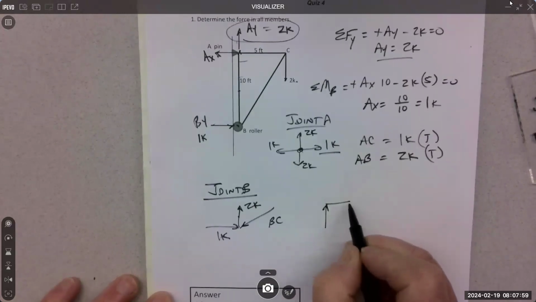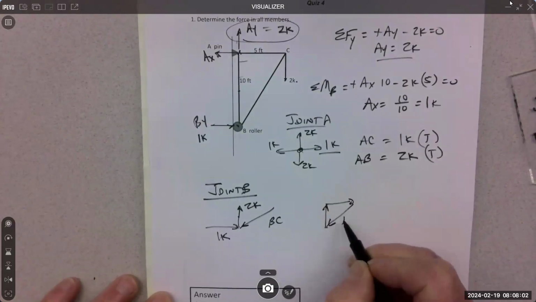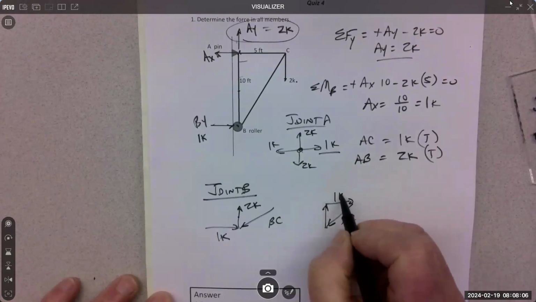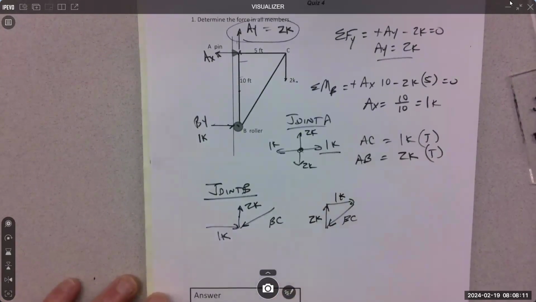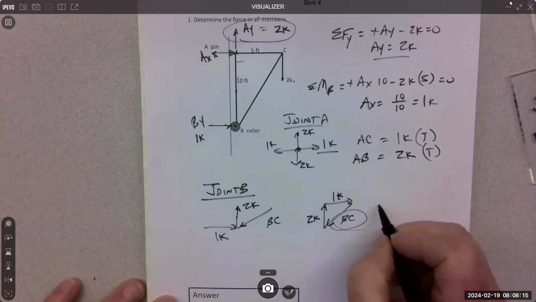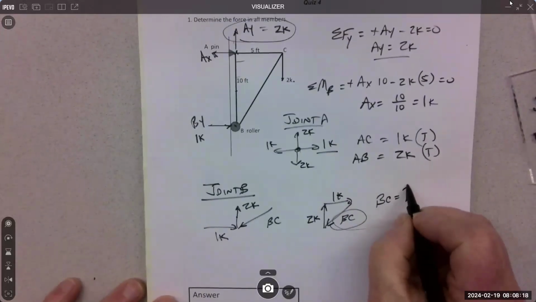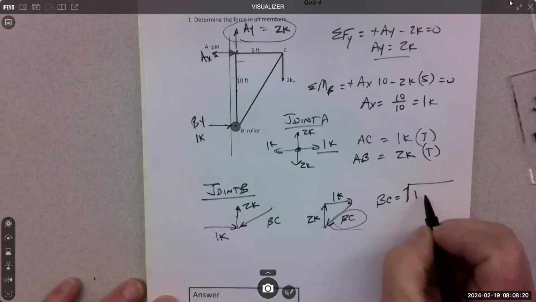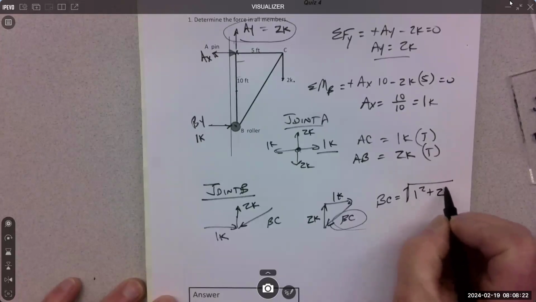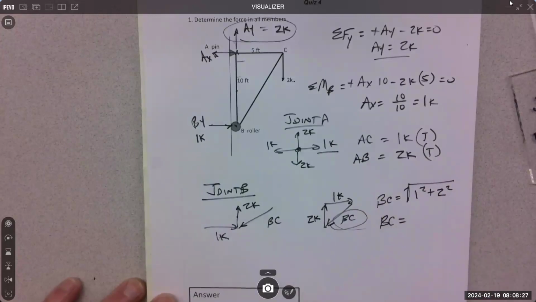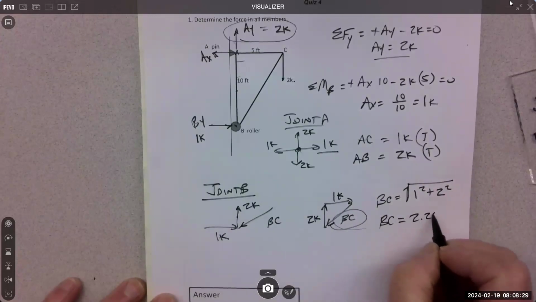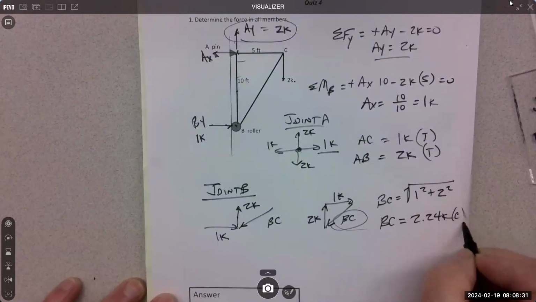So that gets drawn like that, with this being BC, this being 1K, this being 2K. And since we really just need this load, I just did Pythagorean right there. BC is gonna equal the square root of 1 squared plus 2 squared. BC equals 2.24K compression.